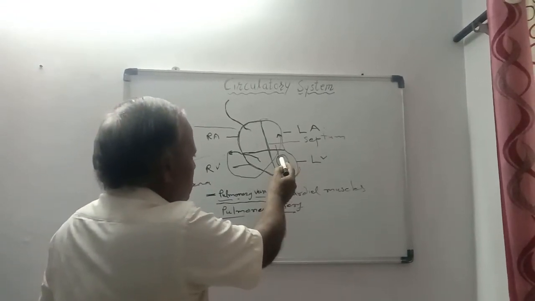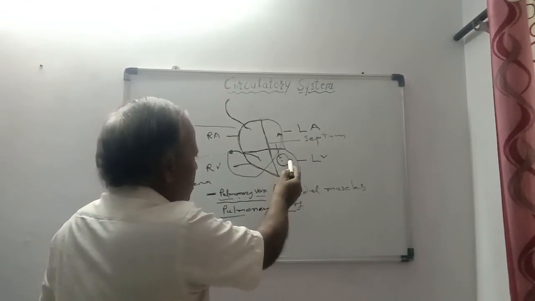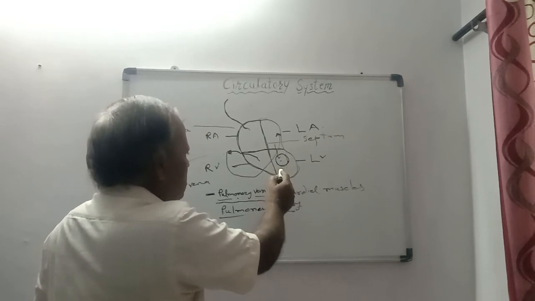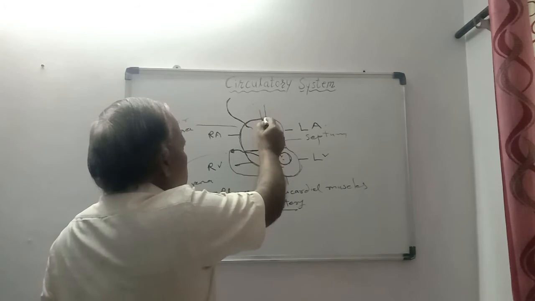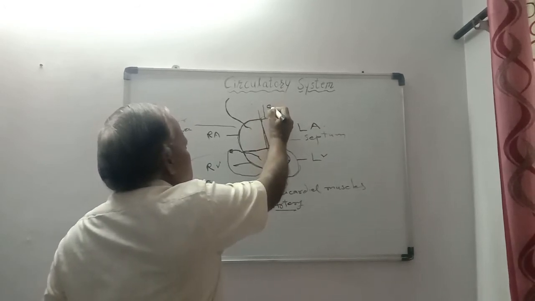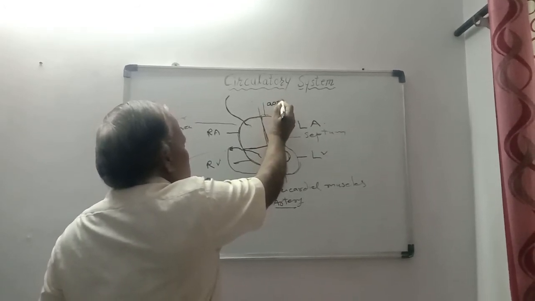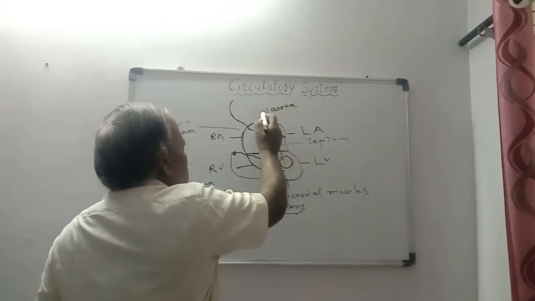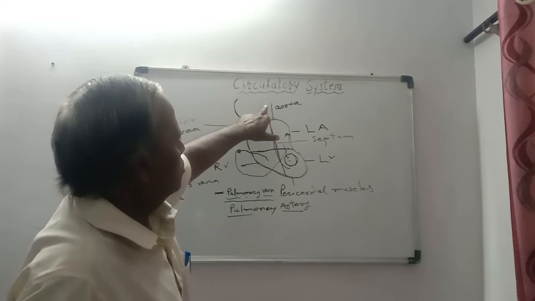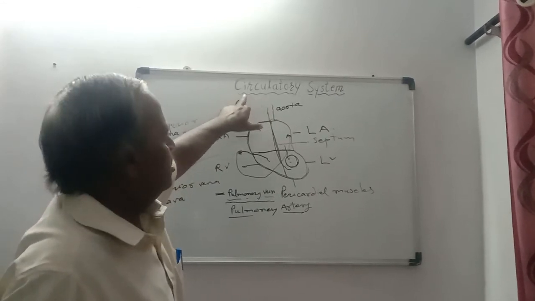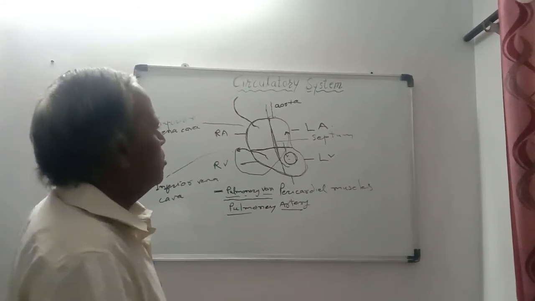So when this ventricle contracts, this oxygenated blood is pushed through the aorta. This is called aorta. This oxygenated blood is pushed through the aorta by force, and it is taken to various parts of the body.